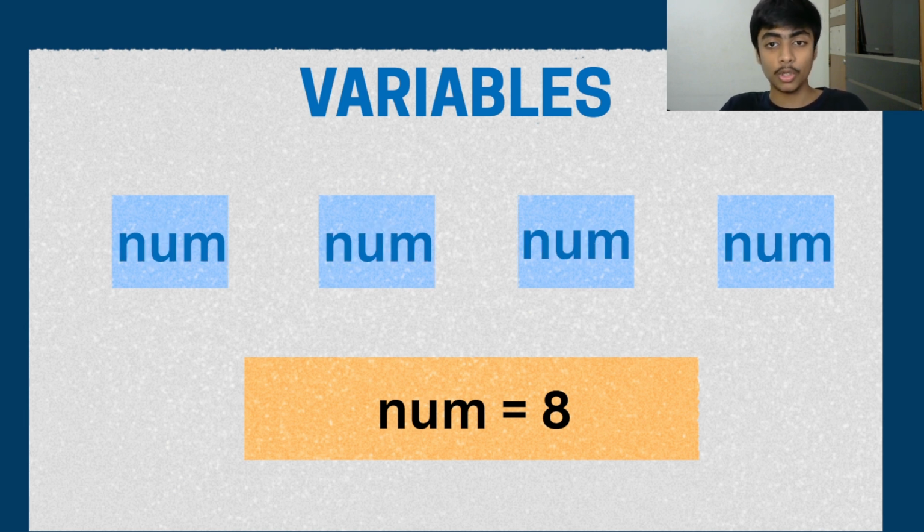Since num is equal to 8, it's the same as using the value 8. But now you notice that if I want to change the value to 5, I can just change the value in my yellow box. If I change num to 5, then we're going to be using the value 5. This is a lot easier than changing every one of these values. Here, num is basically acting as a variable.